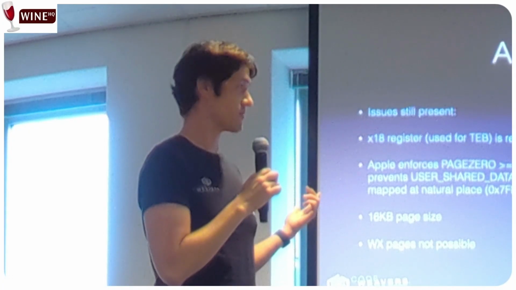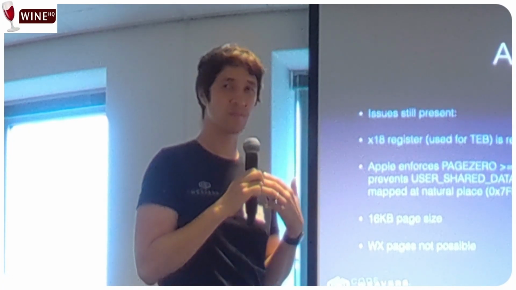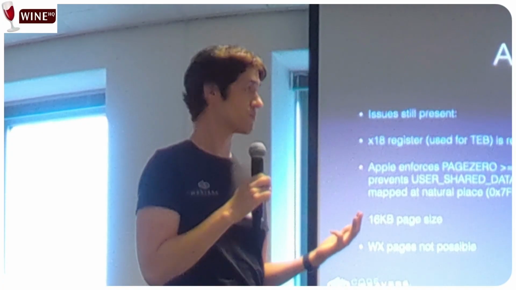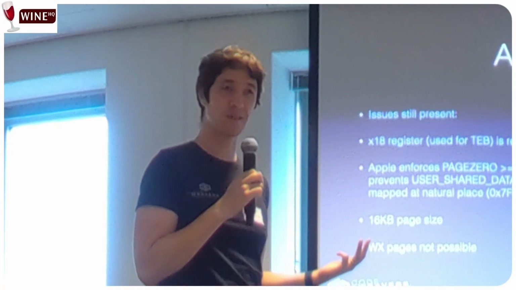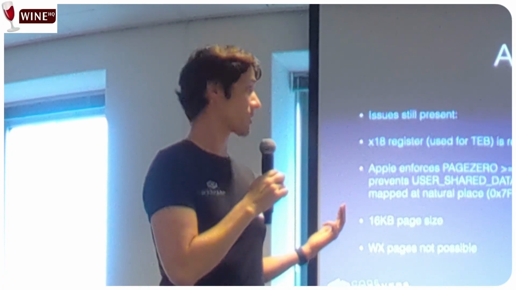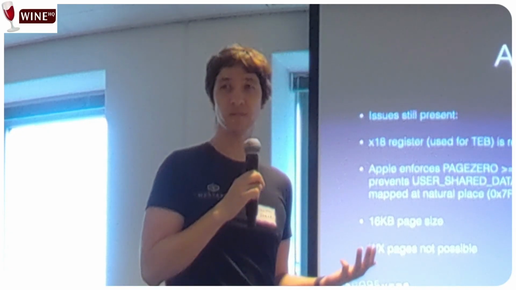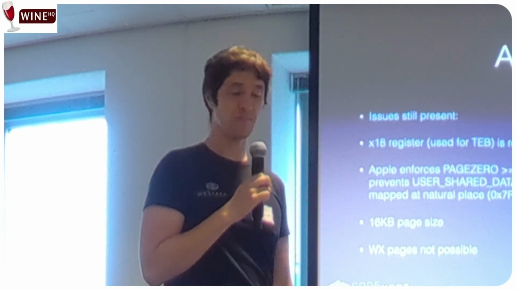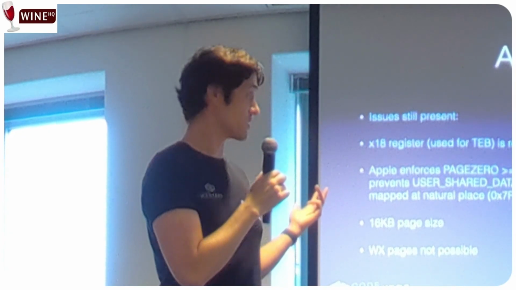In addition, page 0 needs to be at least 4 gigs, so that prevents mapping user shared data in the correct spot. Would obviously be a problem if you wanted to emulate 32-bit code. I've been working with Apple on these issues, so I'm optimistic we'll have some progress soon.